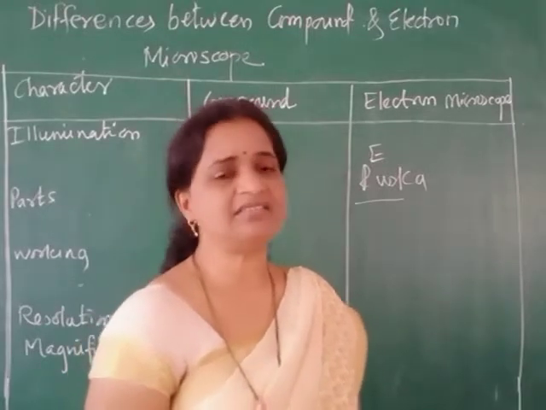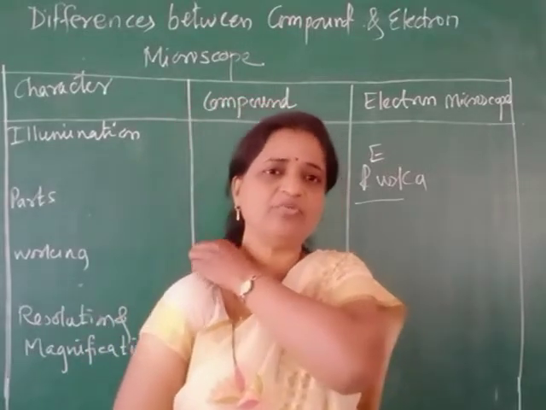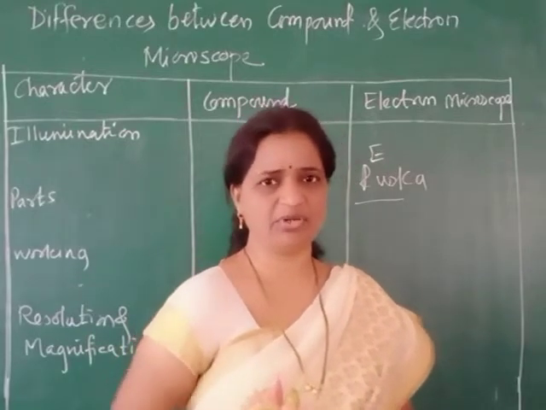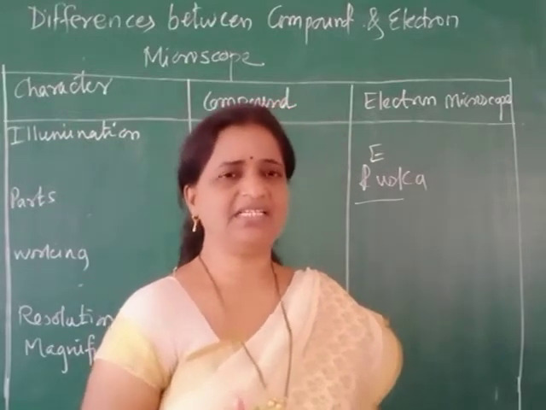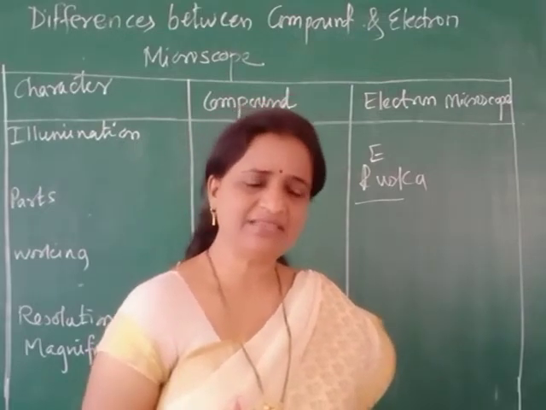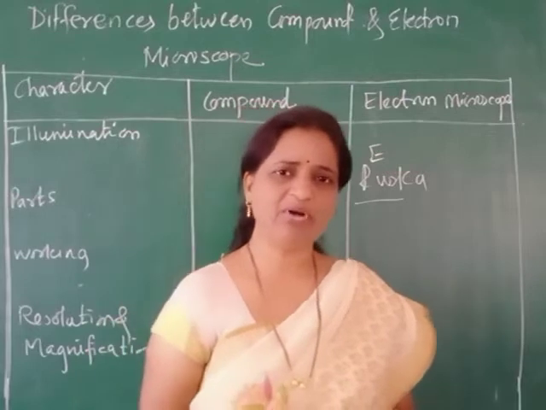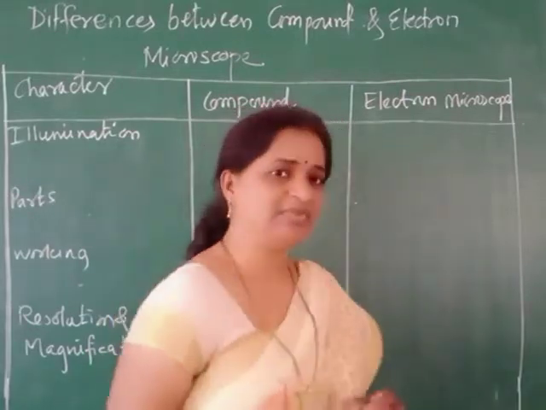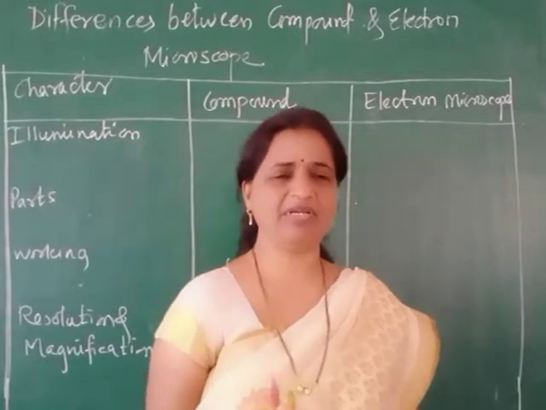So let us study what the electron microscope is and what its advantages are over the compound microscope. Before going into the parts and working of the electron microscope, let us differentiate between the compound microscope and the electron microscope, and see how they are different.